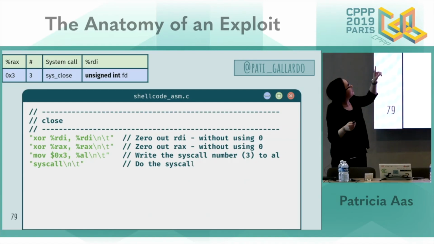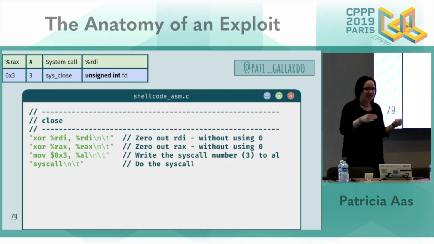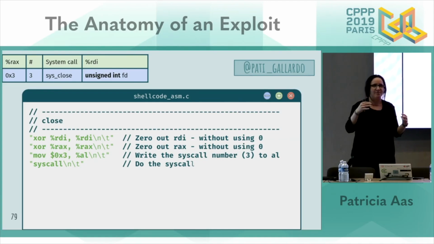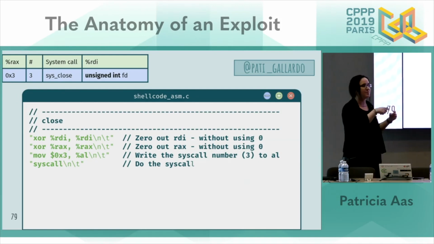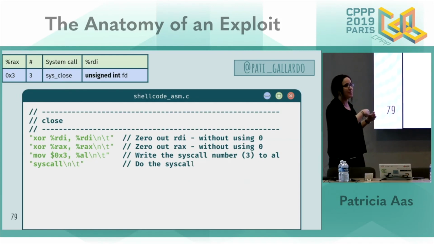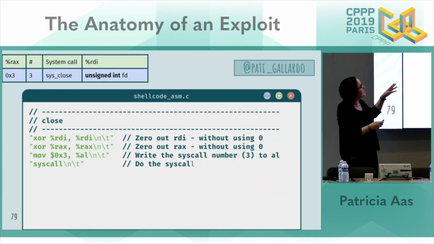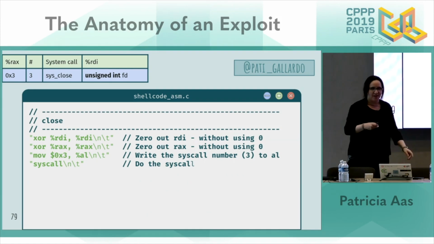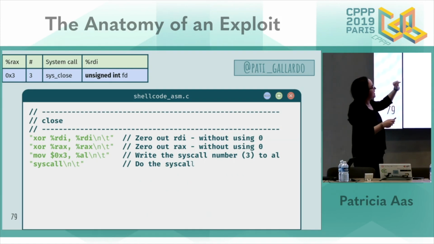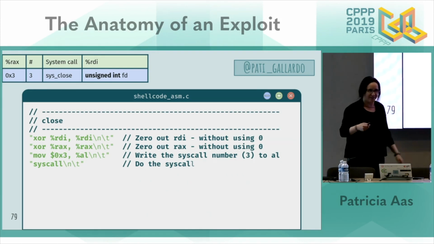Because we had to put 0 in RDI, we just XOR RDI. The reason why we're using XOR to zero out things is because then we don't get any 0 bytes. There are many different techniques for not having 0 bytes, but XOR doesn't give you any 0 bytes in the resulting code. And then we zero out RAX, and then we write 3 to AL. The reason why we're using AL here is also to avoid any 0 bytes.